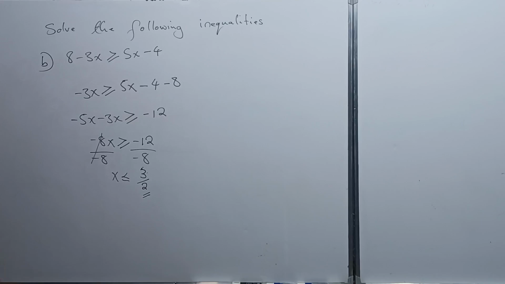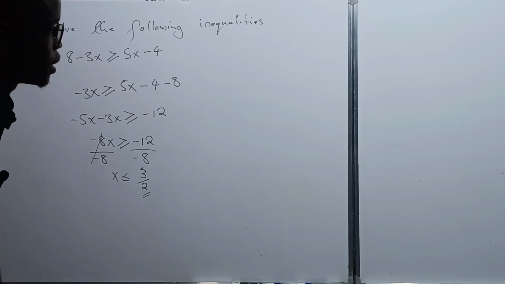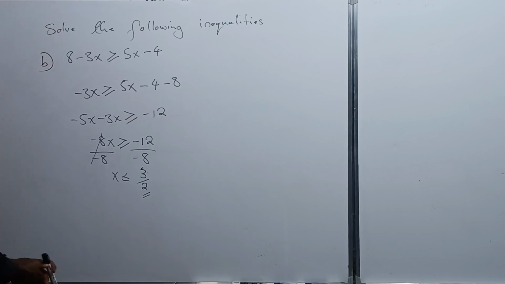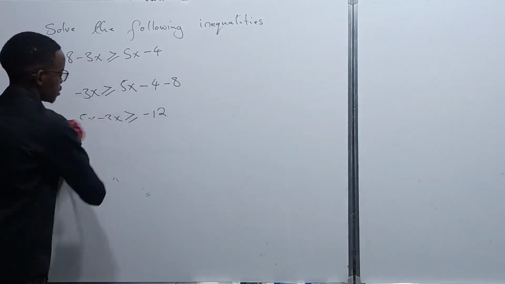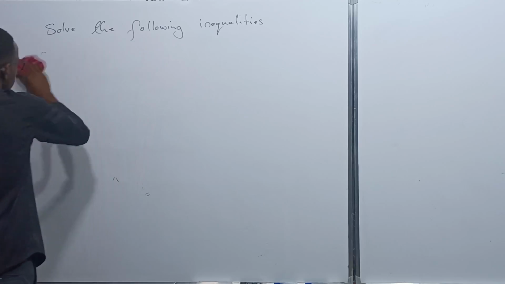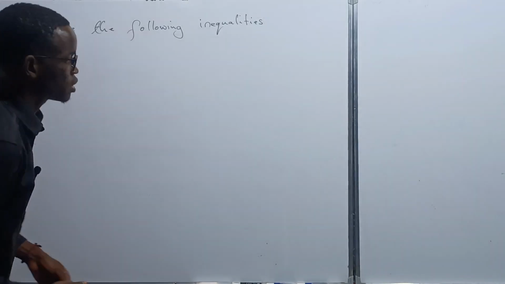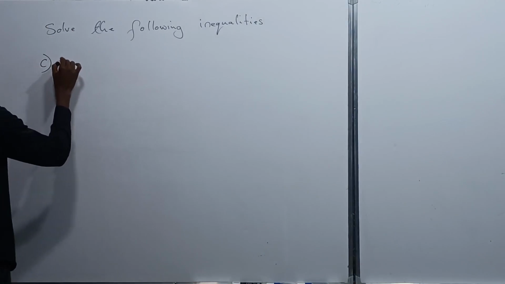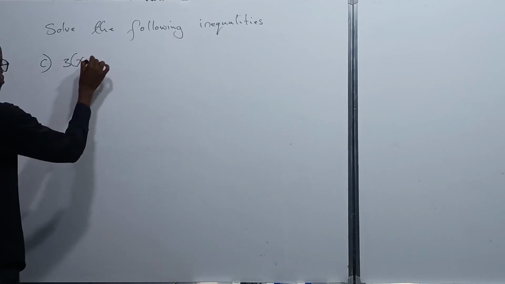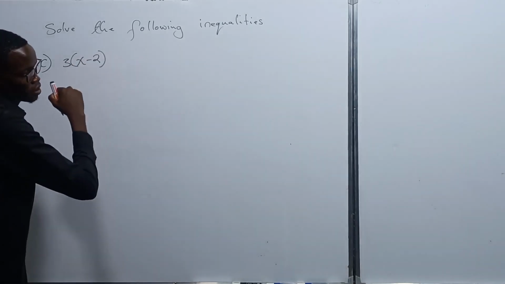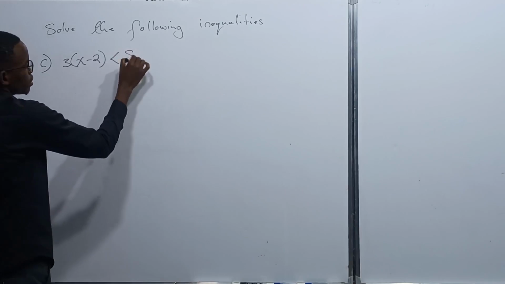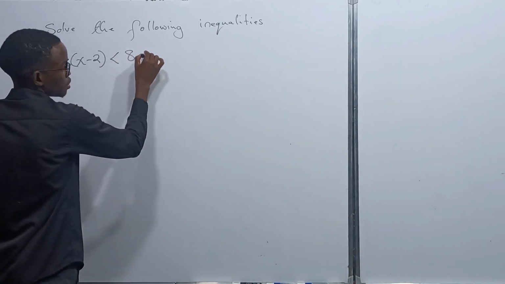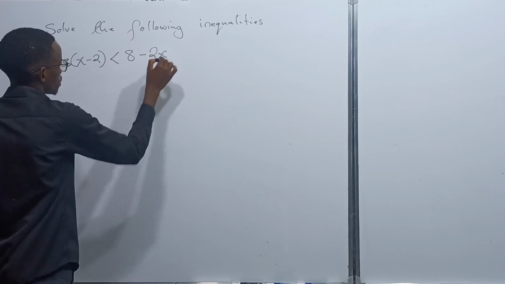Okay, so we look at the next inequality. The next inequality that we have is 3 open brackets x minus 2 close brackets less than 8 minus 2x, like this.